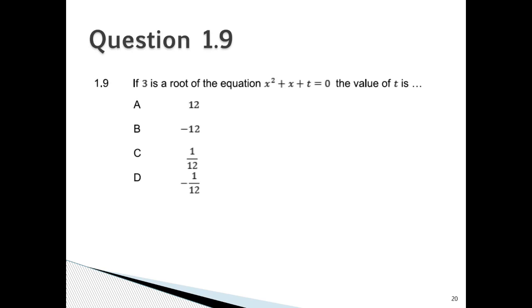Question 1.9. If 3 is the root of the equation x squared plus x plus t, which is equal to 0, the value of t is what? A, 12, B, minus 12, C, 1 over 12, or D, negative 1 over 12.